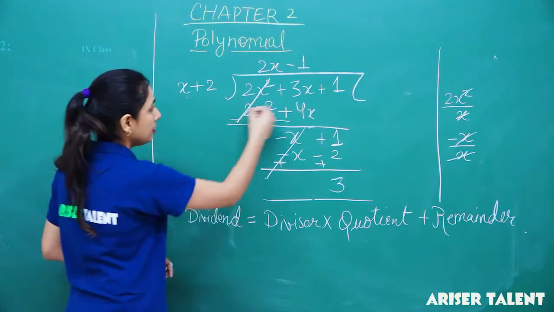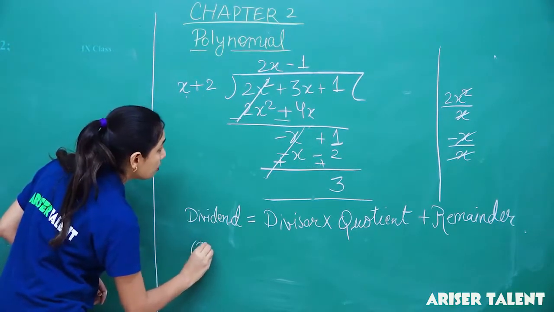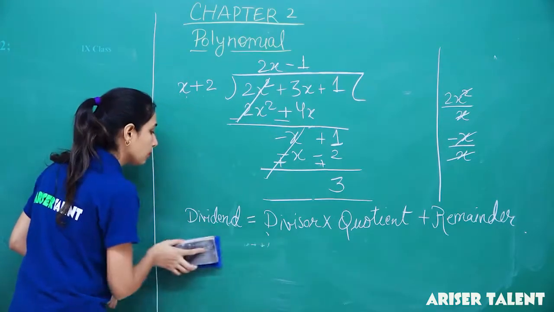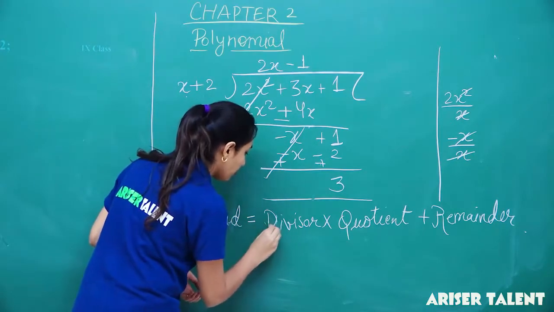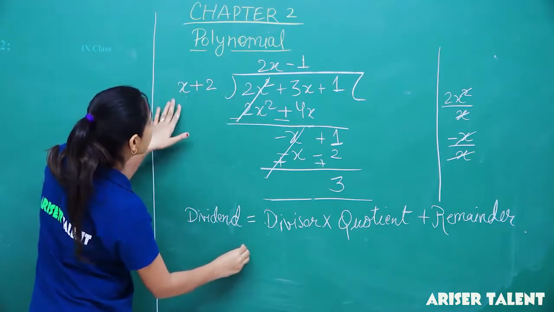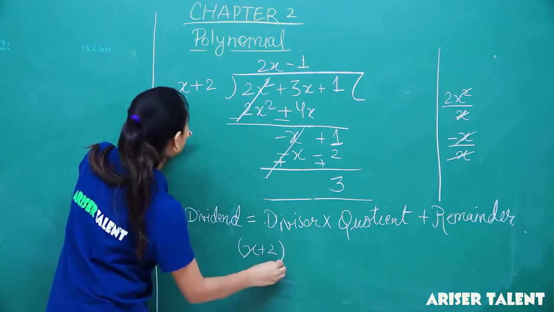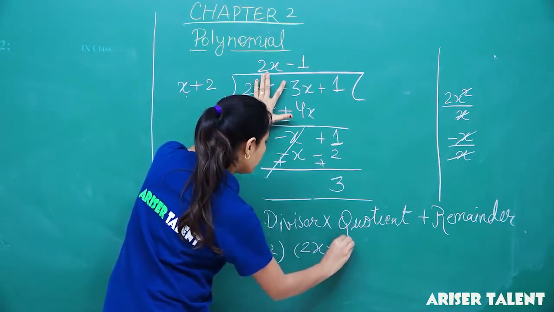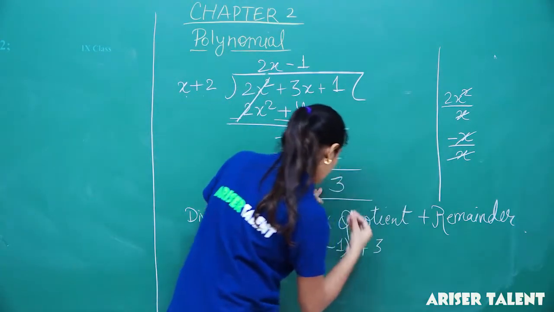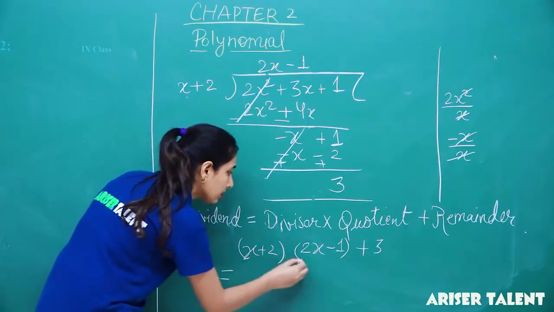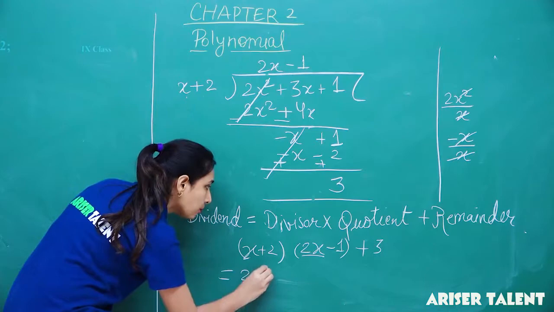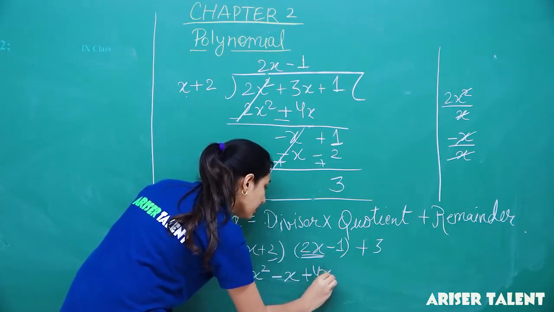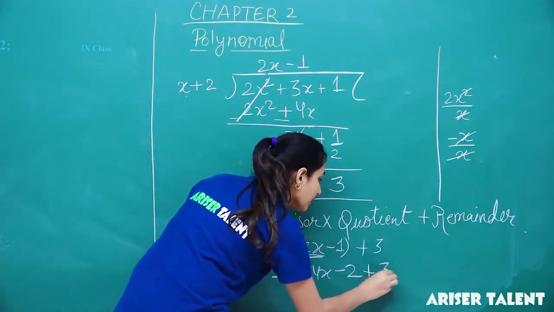So, okay. Dividend 2x square plus 3x plus 1. Okay. So, write divisor for now. Divisor is x plus 2. Multiply this by quotient, which is 2x minus 1 that you have got, plus 3. Now do it fast. x times this will be 2x square minus x, and plus 4x and minus 2 plus 3.